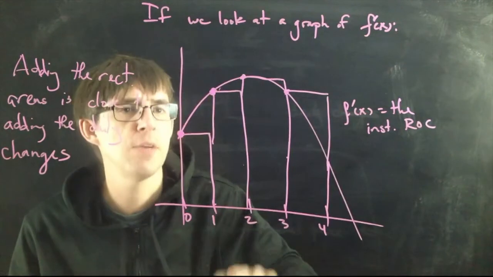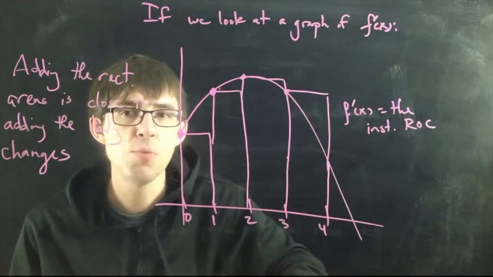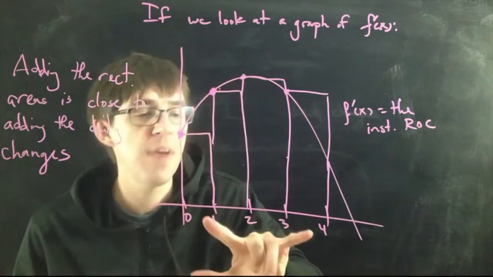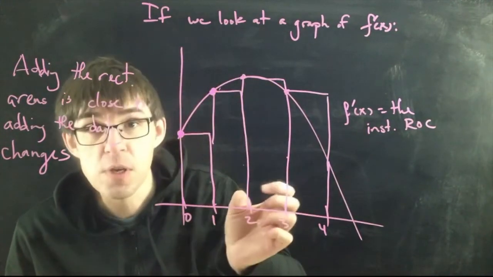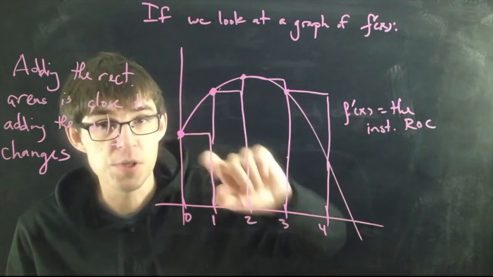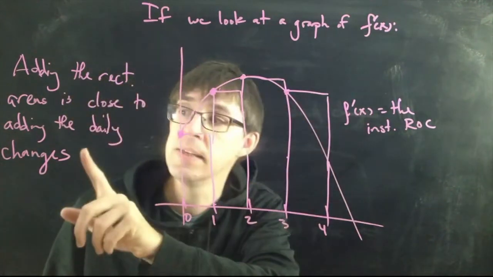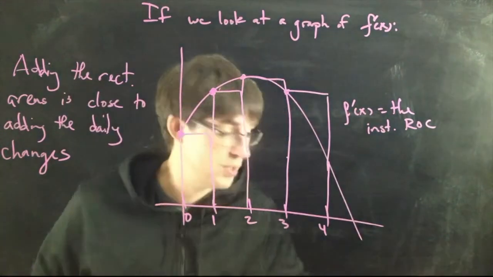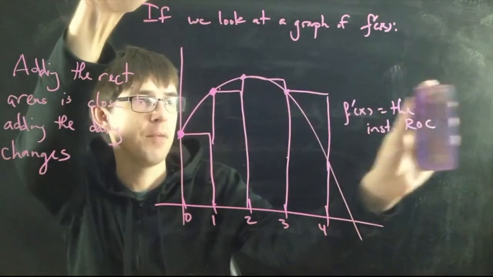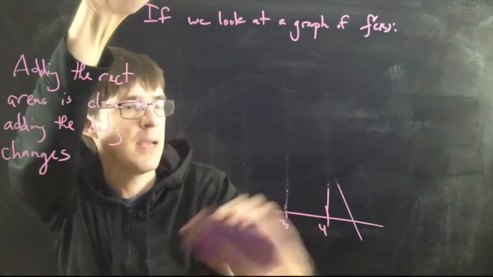If you draw the rectangles with more and more points, you will get closer and closer to adding together the daily changes. And in fact, if you make the rectangles super duper small, then what you get is the area under the curved region, and what you get is the sum of the daily changes. So the actual curved region here, I'm going to have to erase the picture because of what I'm going to say.